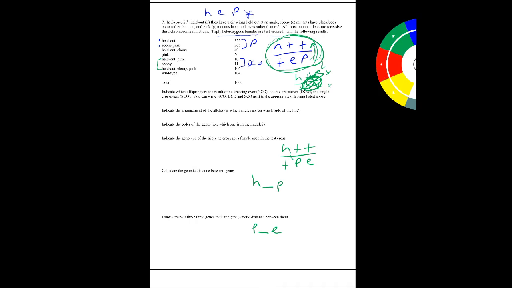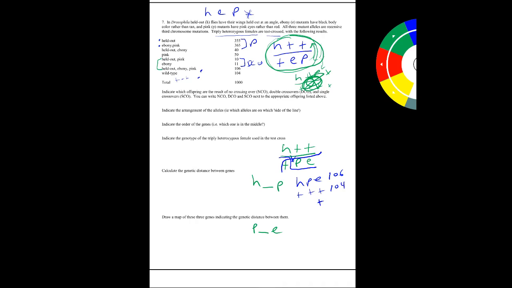The distance between H and P is going to be a crossover right here. If it crosses over there, then H, P, and E go together, plus and plus go together. So H, P, E, and plus. Up here, H, P, E is this one, 106, plus, so wild type is all pluses. So we're talking 106, 104.